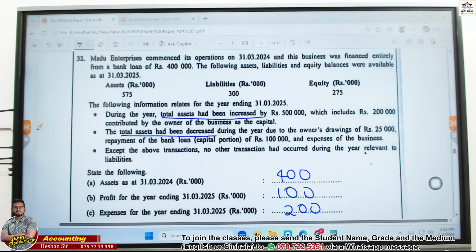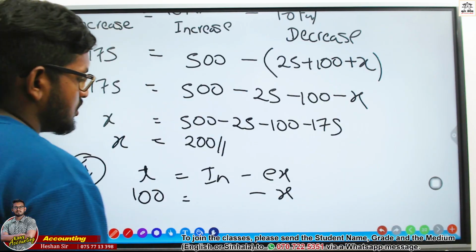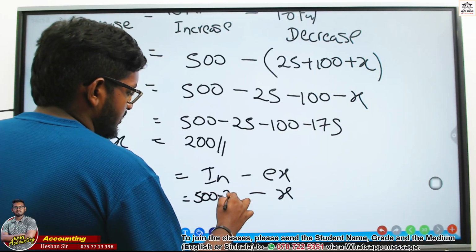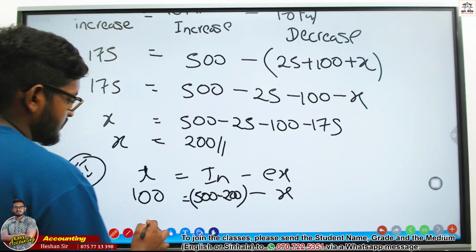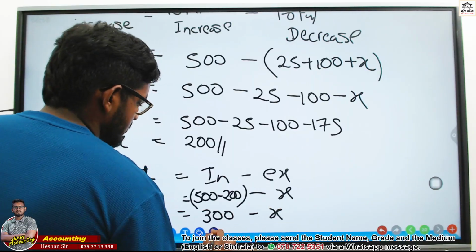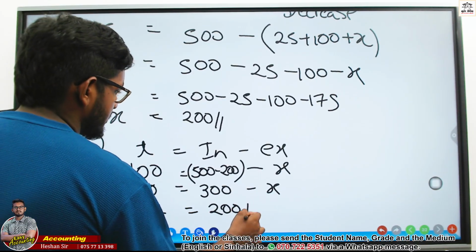Total increase වලින් capital අඩු කරනවා. Total increase වලින් minus capital, ඒකට එනවා income. So 500 ආවා, 200 from the owner's investment. Now 100 equal 300 minus x, a short method.